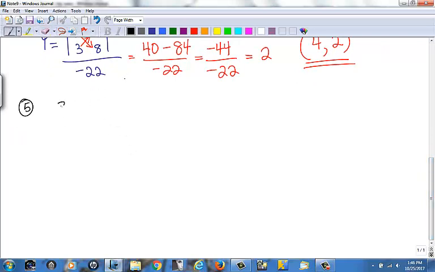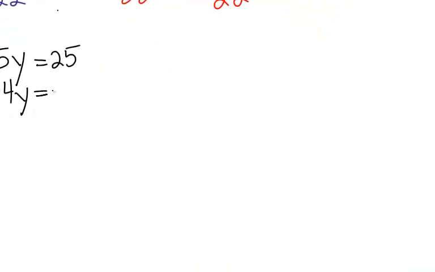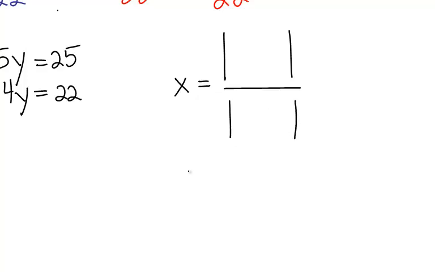Let's say they give you 3x minus 5y equals 25, and 6x plus 4y equals 22. If I want to solve for the x, I'm going to have two 2 by 2 determinants.